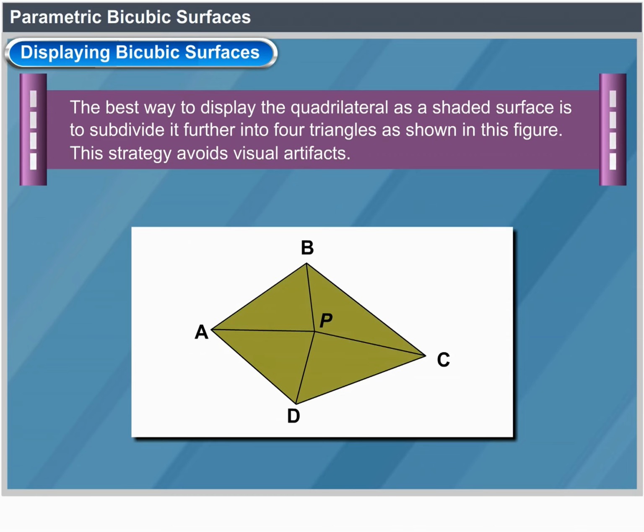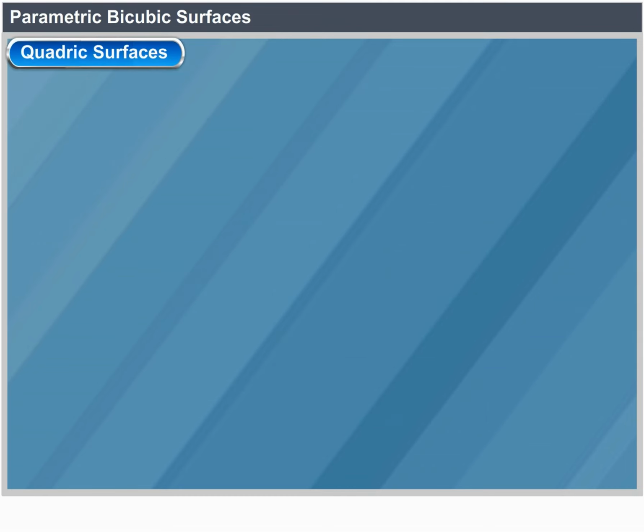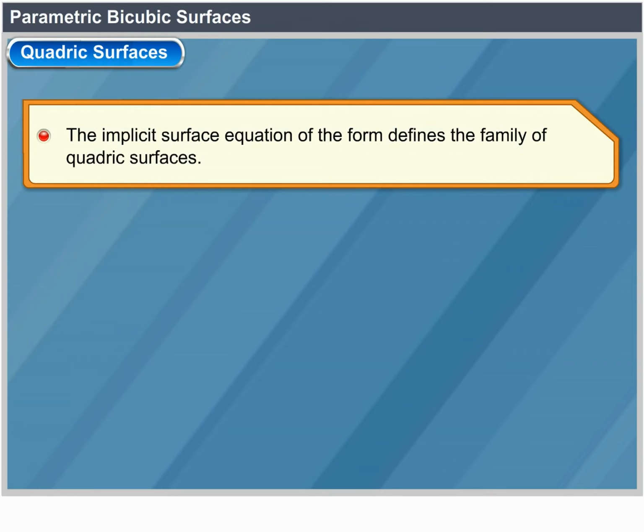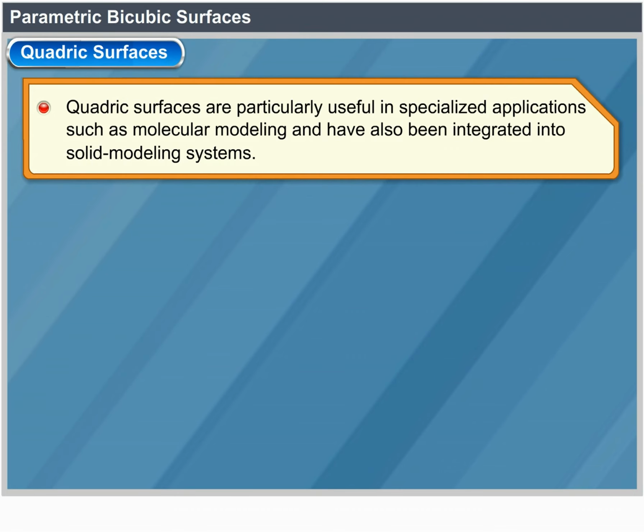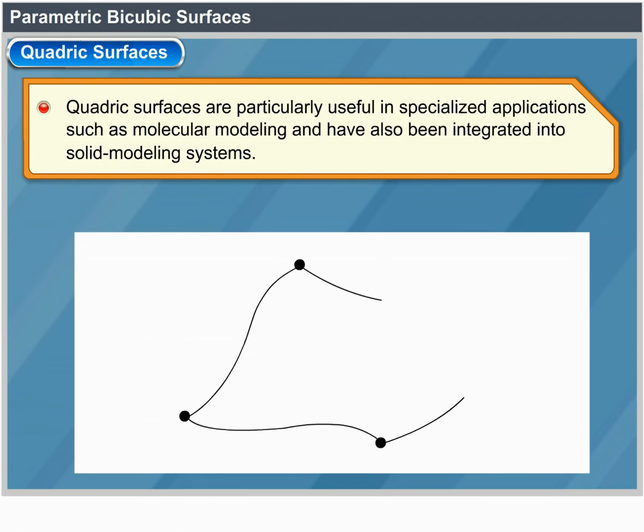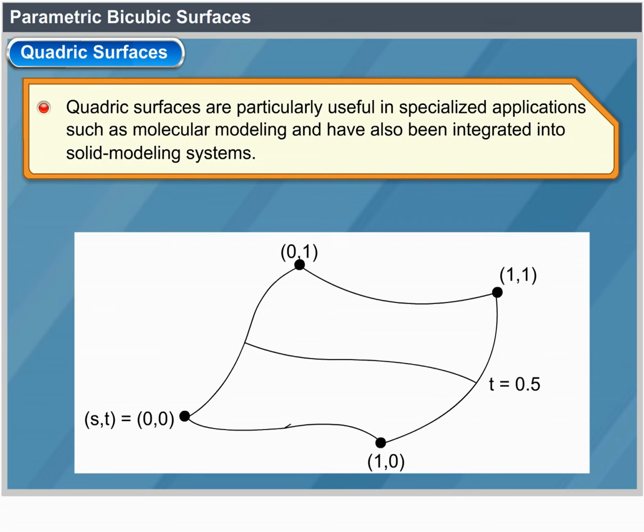Quadric surfaces. The implicit surface equation of the form shown defines the family of quadric surfaces. Quadric surfaces are particularly useful in specialized applications such as molecular modeling and have also been integrated into solid modeling systems.